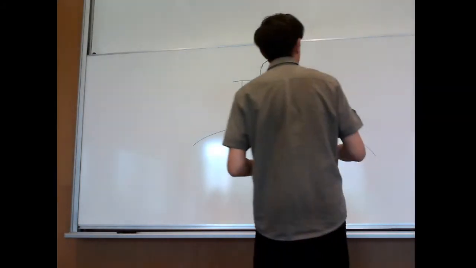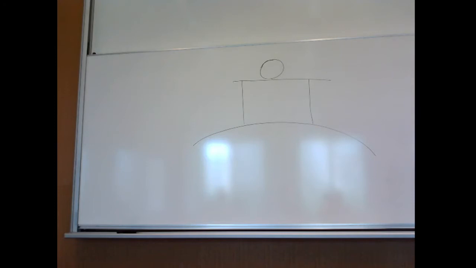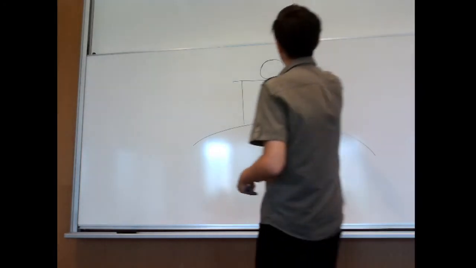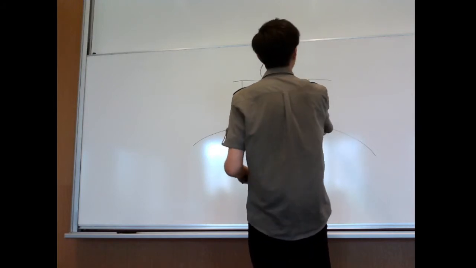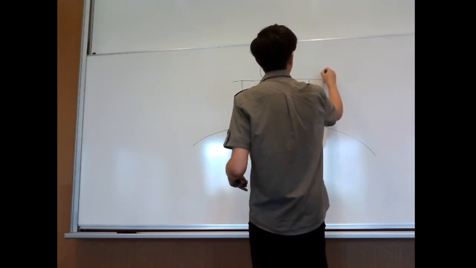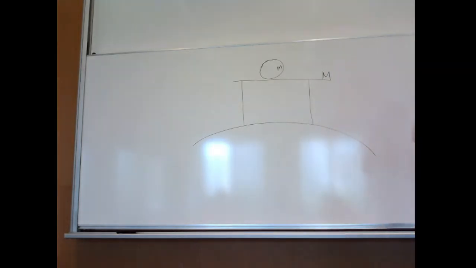This looks like a really simple problem, but you can actually get pretty confused over everything. So let's say the mass of the cantilever is little m, and then this is big M.